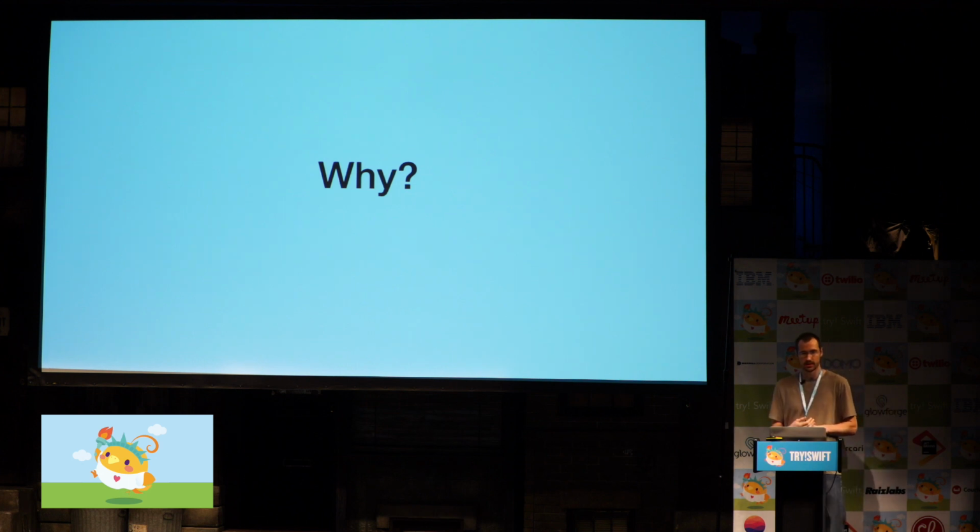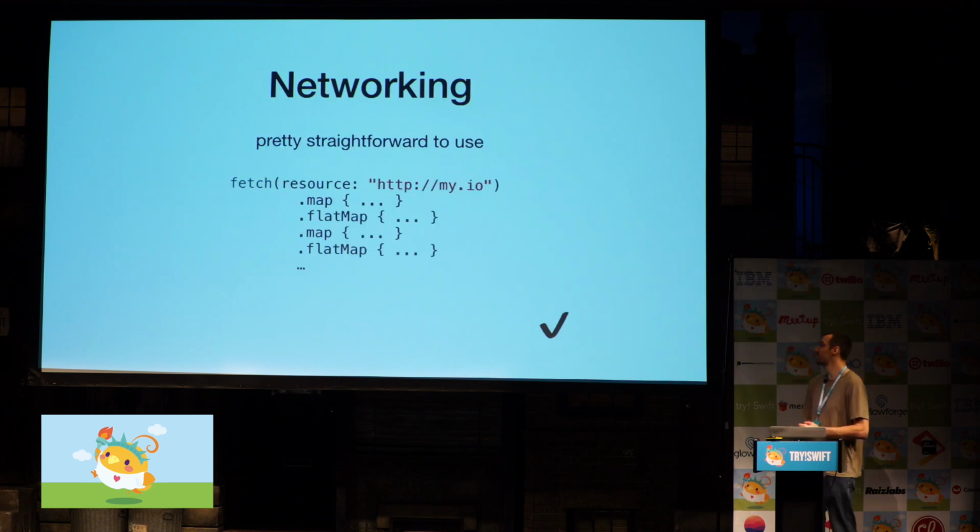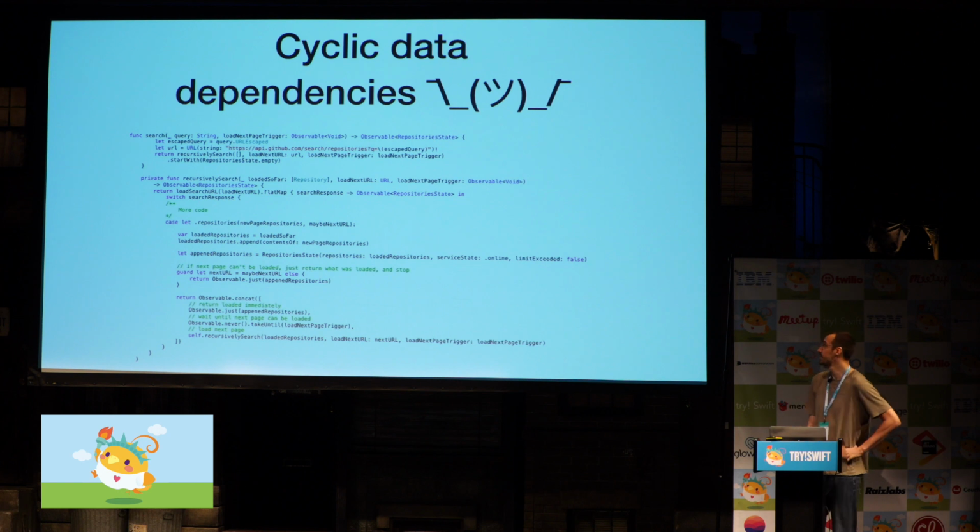If you are using reactive libraries, you'll find it pretty straightforward to use for networking and in stateless environments. What you're doing is just .map, .flatMap, .map, things like that. It works out pretty well. There are usually no issues, it's straightforward. Nothing really interesting there. But then you have something like this.